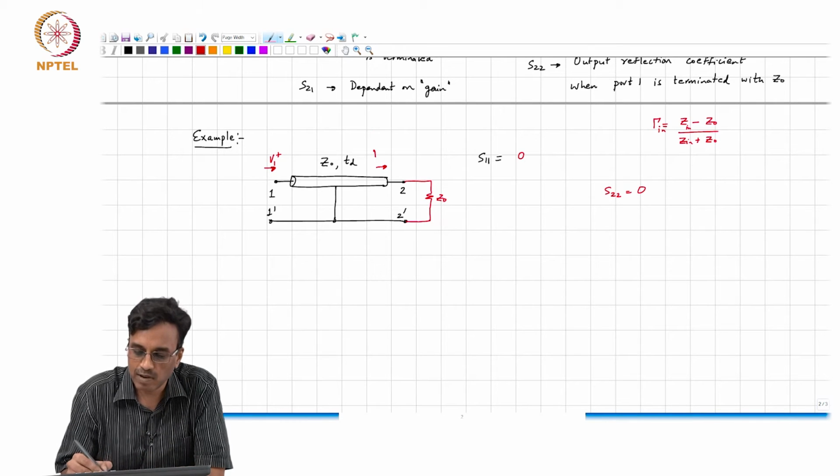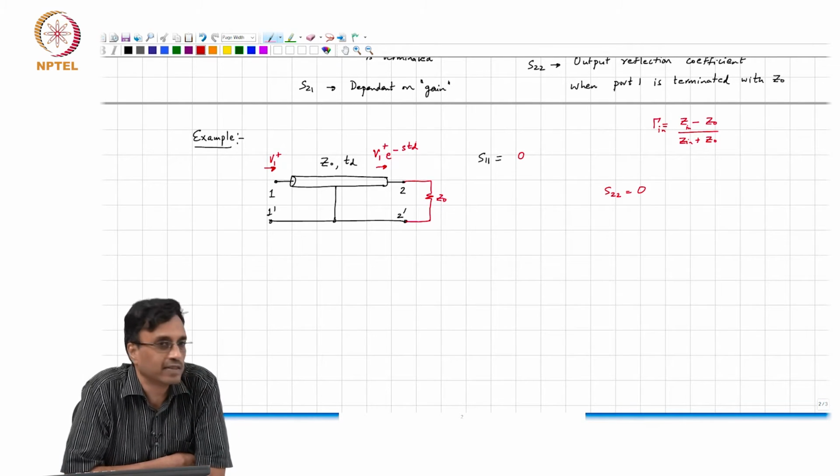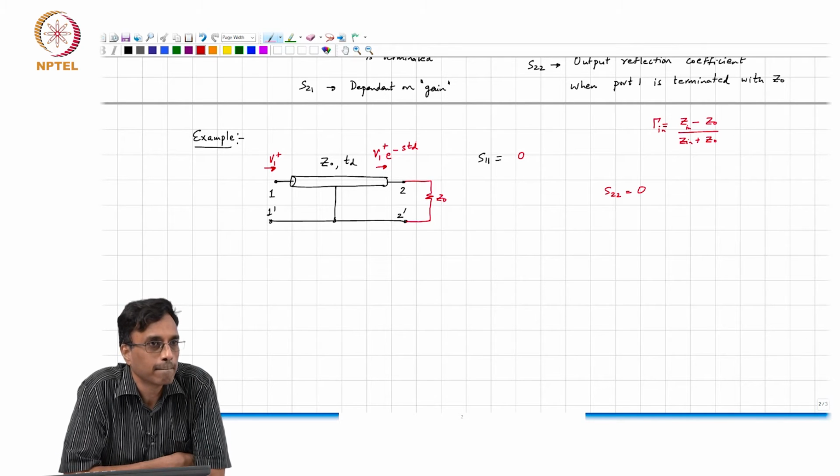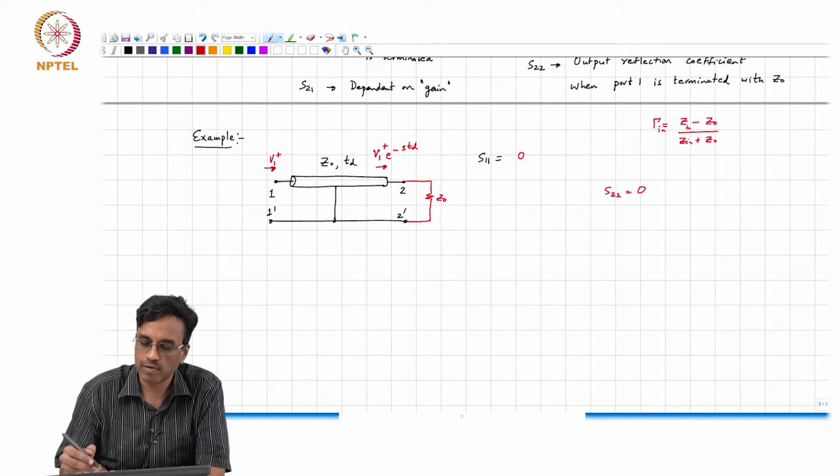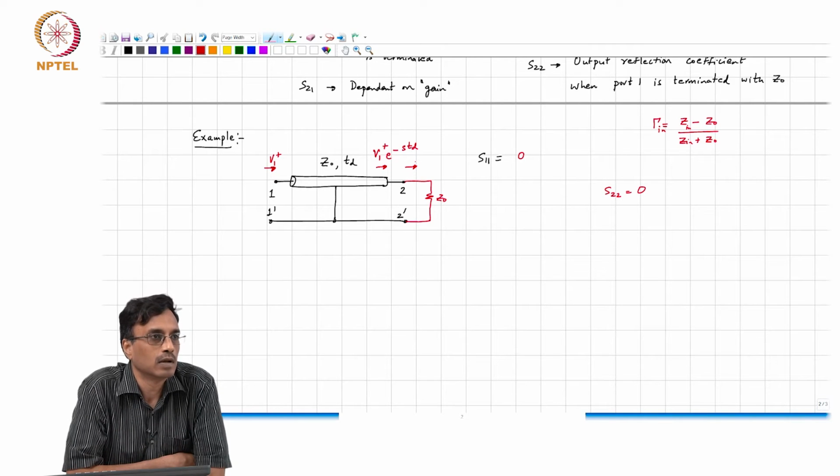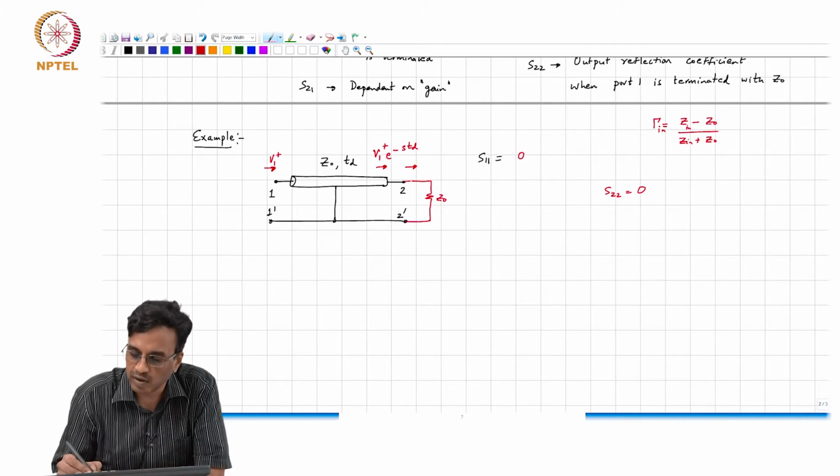It will be simply V1 plus e to the minus s times Td, or if you are doing j omega, it is minus j omega Td. And so, what comment can we make about the forward going wave here? I mean, imagine that this is an infinitesimally small transmission line.